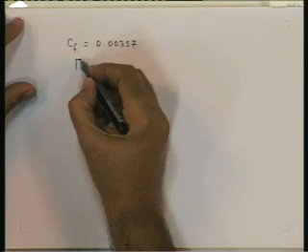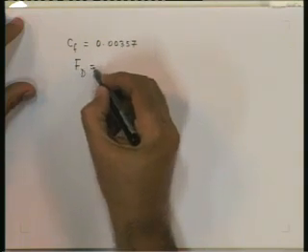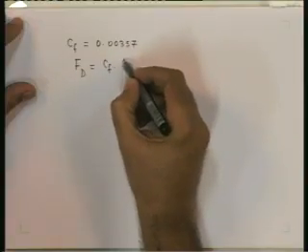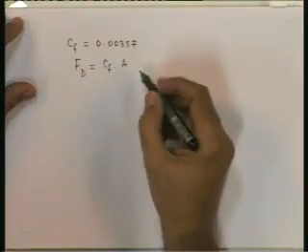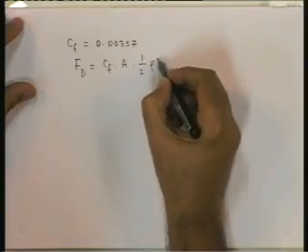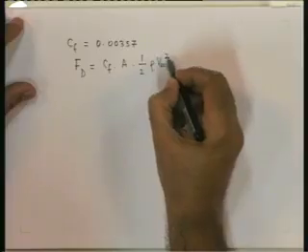And since FD is CF into the area of the plate into half rho V infinity squared.